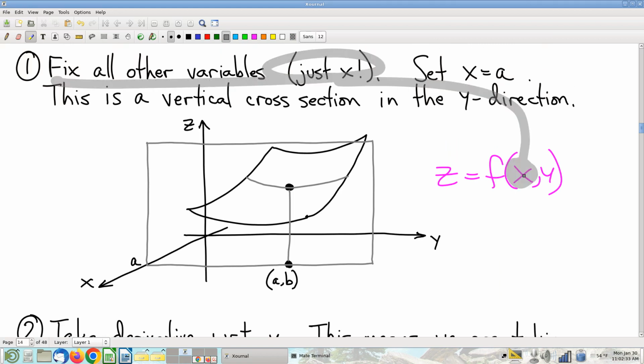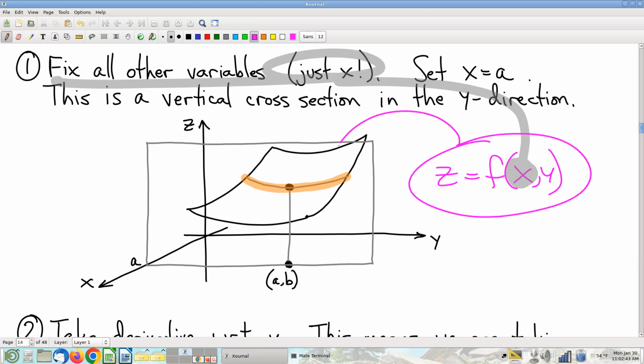So really, looking in this cross-section, in other words, looking at this curve right here, what we really have is that z is a function of just y. And this output value, z, is what represents height for us.